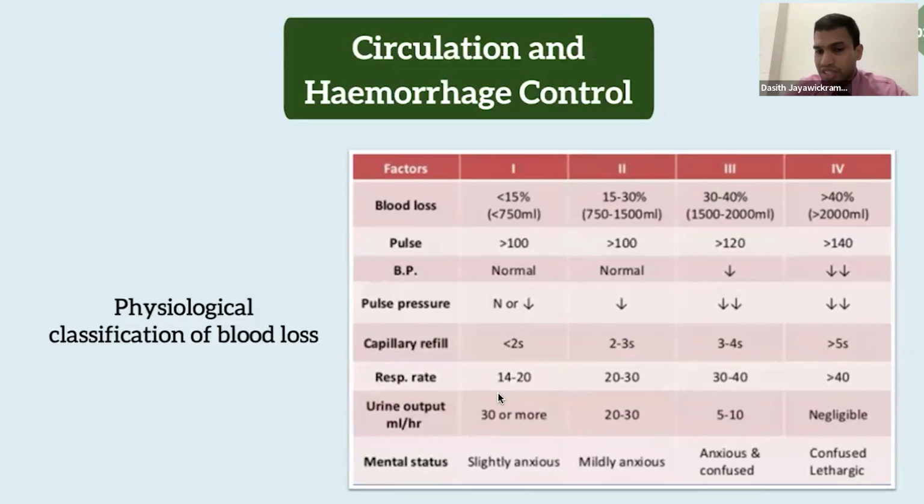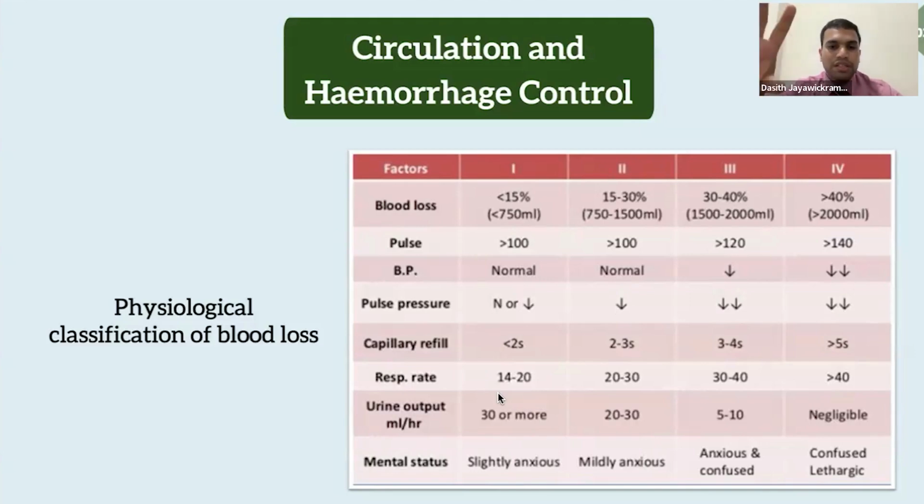Vasoconstriction increases the diastolic blood pressure, so the pulse pressure, the difference between the systolic and diastolic, decreases. So the key point in class 2 is that in addition to the tachycardia, there is reduced pulse pressure.